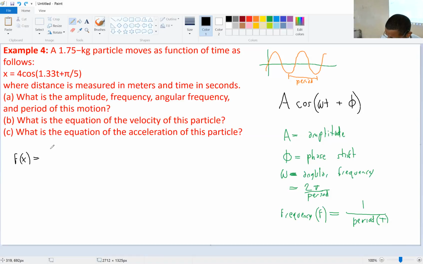I could put displacement, but let's put position instead. Okay, conceptual question here. I have a position function, f of x, let's say. I want to find the velocity. Can I do that with this? Yes. How so? Because the derivative of position is velocity. There we go. Very good.